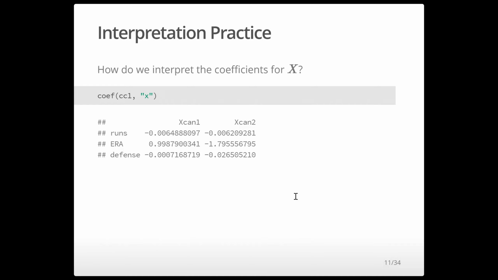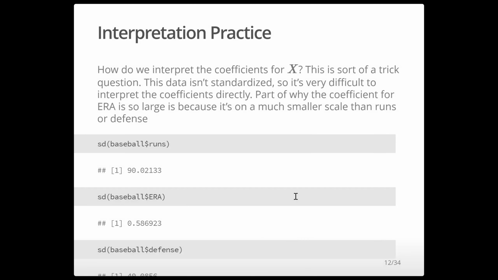So these are the coefficients for the X canonical variates. How would we interpret these? So this was a bit of a trick question. We wouldn't interpret these. This data isn't standardized, so it's very difficult to interpret these raw coefficients directly.